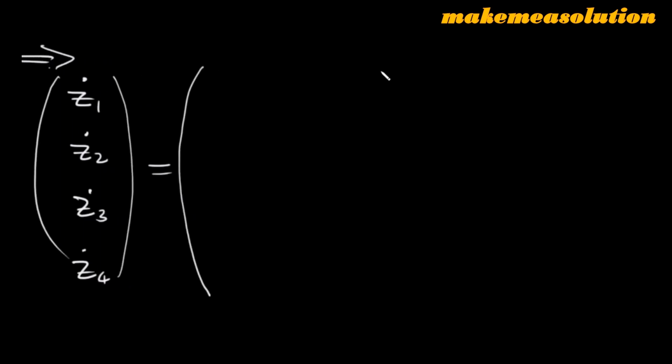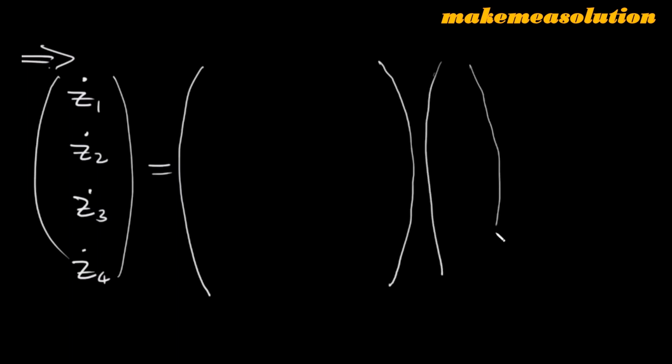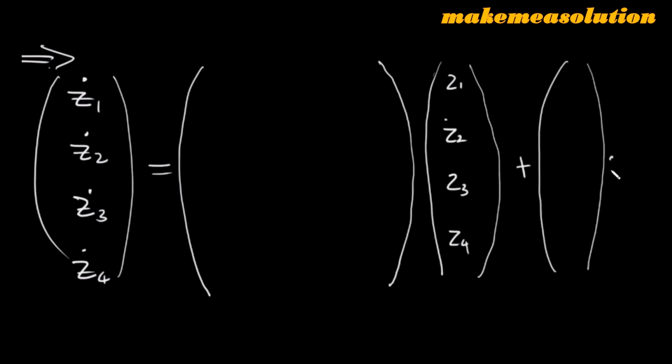Let me shift it like this. So we have our state variables z1, z2, z3, and z4. And we now have our inputs. Guess what our input is? Our input is the input force, F of t. Is that okay? Our input is the input force.